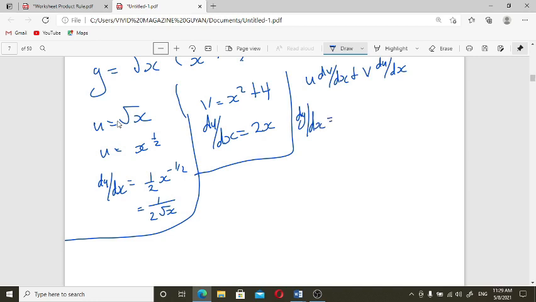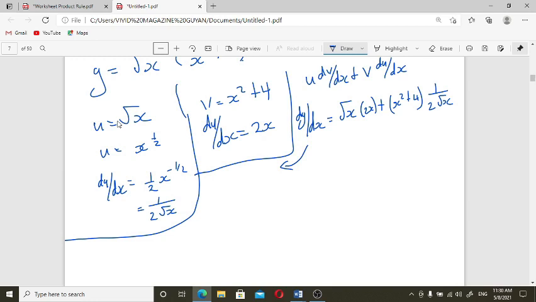So u is root of x times 2x plus v, which is x squared plus 4 times 1 over 2 root x. So I'm going to come all the way down here now.